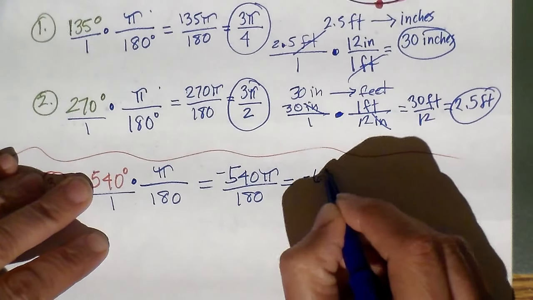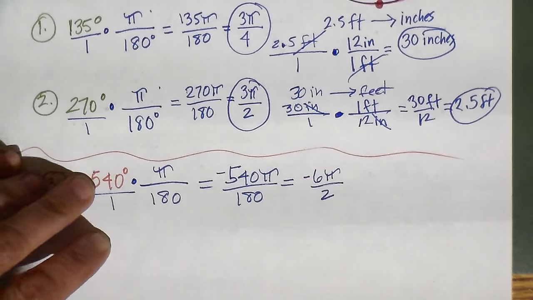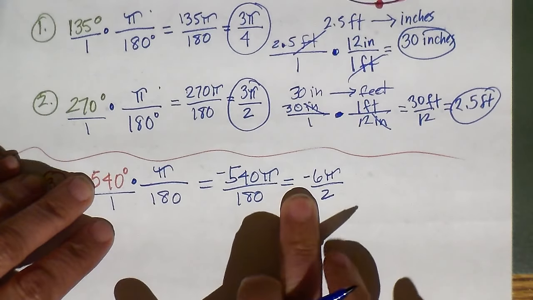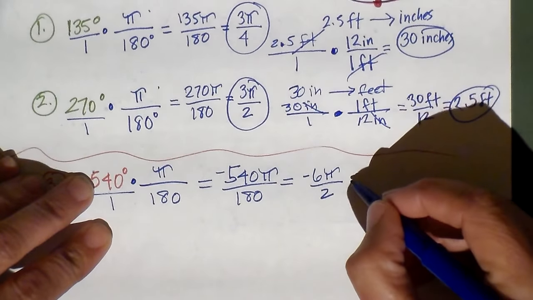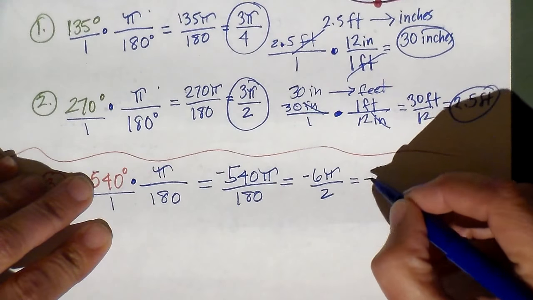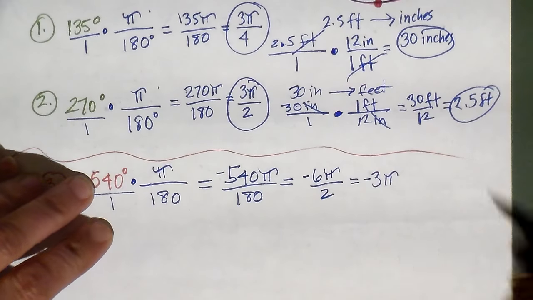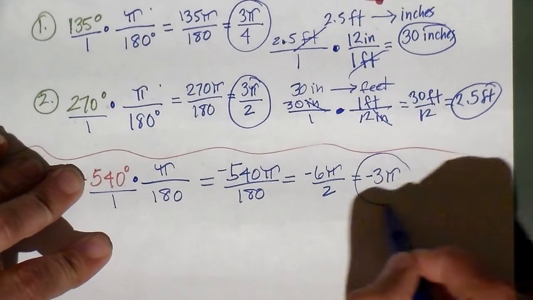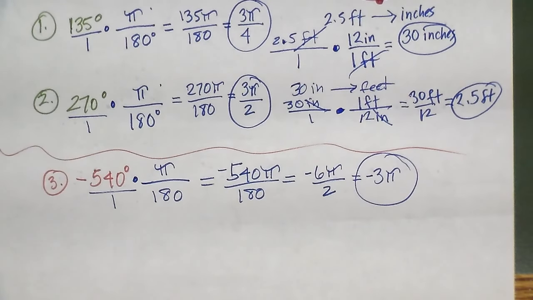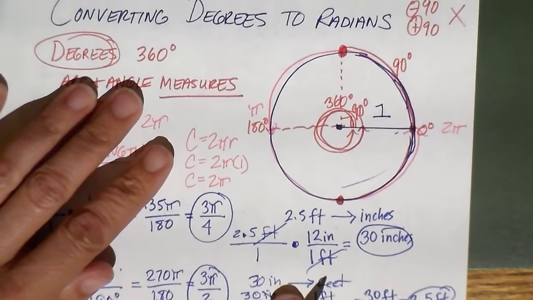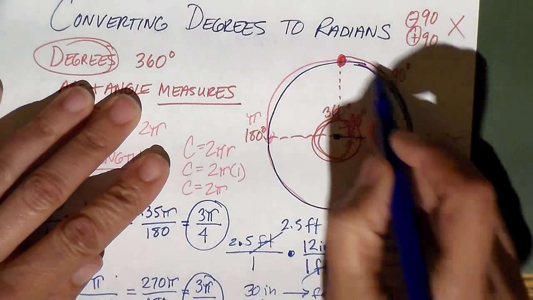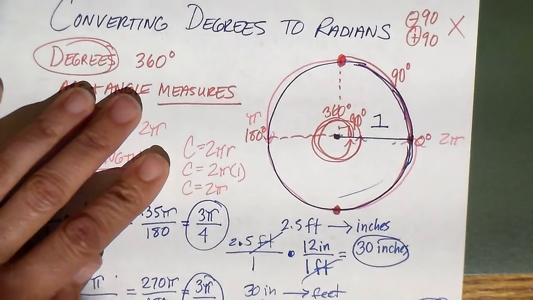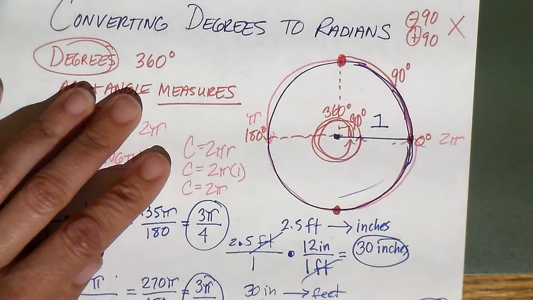So I get negative 6 pi on top and 2 on the bottom. Okay? So negative 6 over 2 equals negative 3 pi. So that's how I convert. I can get a negative radian measure. It just means on the circle, instead of going in the positive direction, I go in the negative direction. So you're going to end up in different spots, okay?